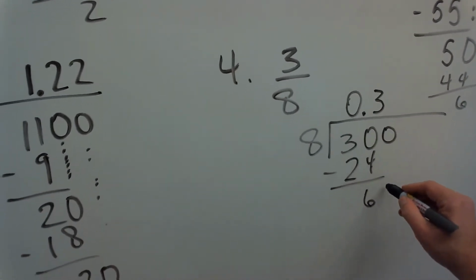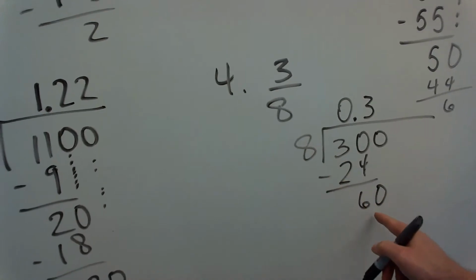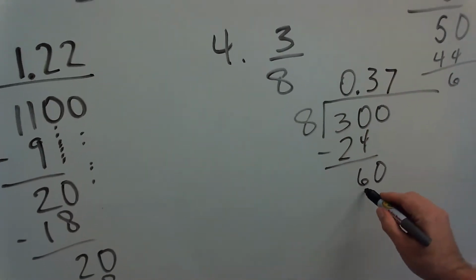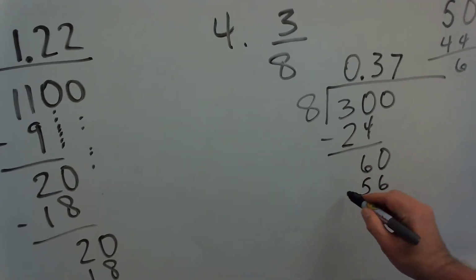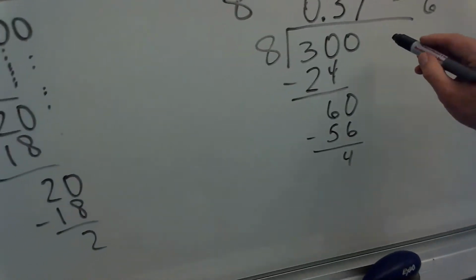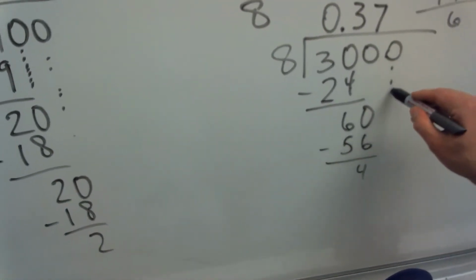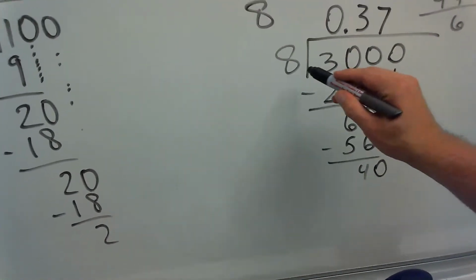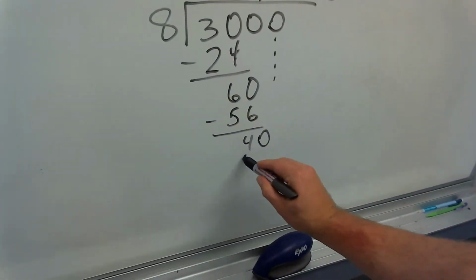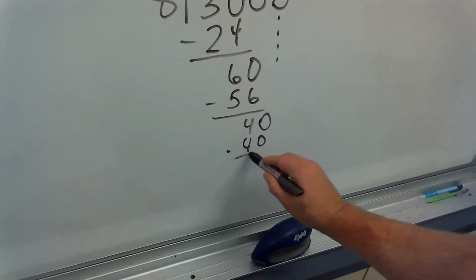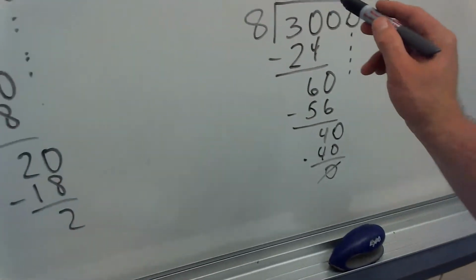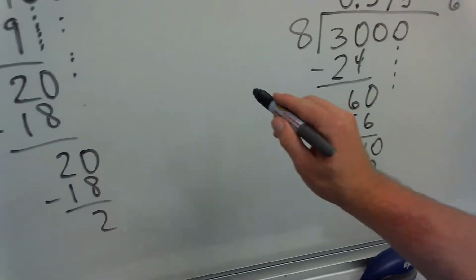Add a 0, bring it down. 8 goes into 60 7 times. 7 times 8 is 56. Subtract it and we get a difference of 4. Still not done. Add a 0, bring it down. 8 goes into 40 5 times. 5 times 8 is 40. Right on the nose, with 0 for remainder. So our decimal terminates.